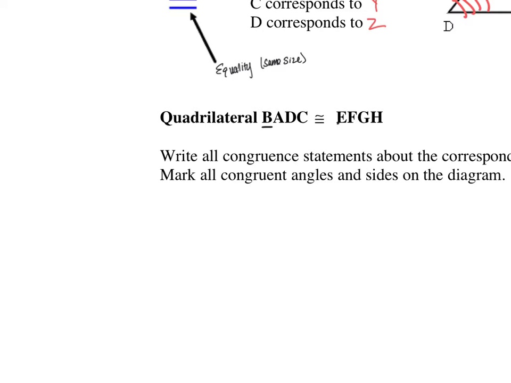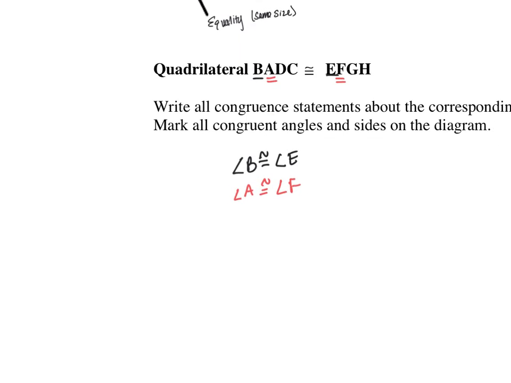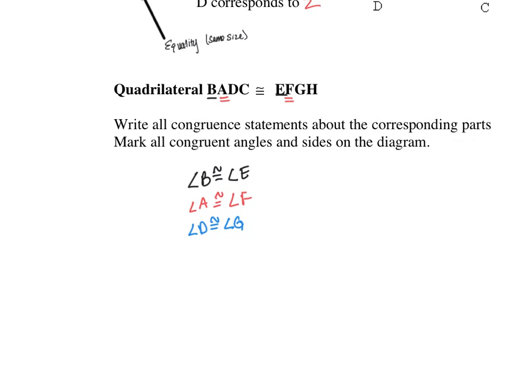My first letter is a B, my first letter is an E. So I can say angle B is congruent to angle E. I can then say angle A is congruent to angle F. I can then say angle D is congruent to angle G. And then last but not least, I can say angle C is congruent to angle H.